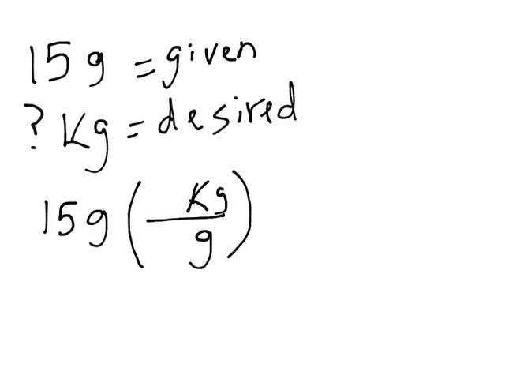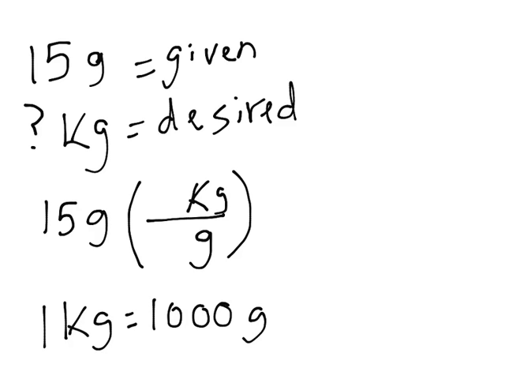Now, for this example, you will have to use a conversion factor that will never change. You will always know that 1 kilogram is 1,000 grams. This should be given to you, or there should be a table that you can get it from. So you just write that conversion: 1 kilogram is 1,000 grams.